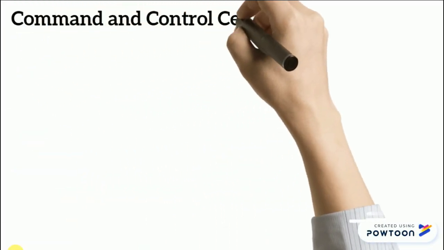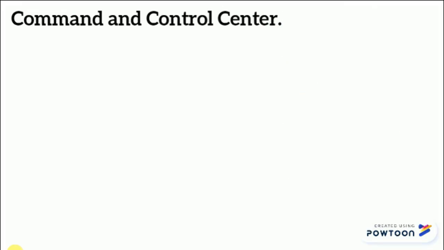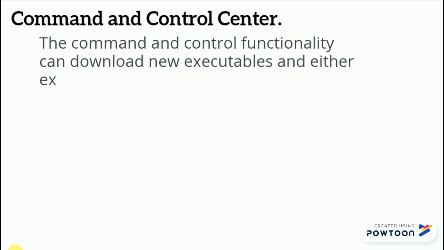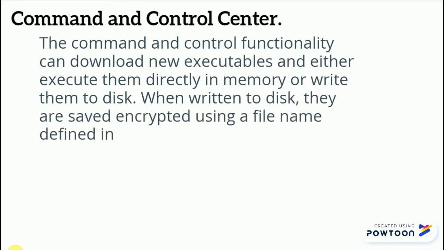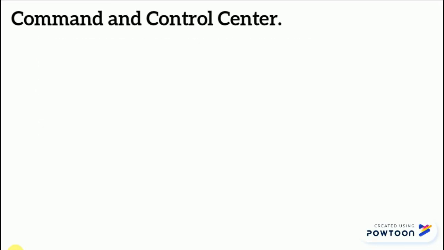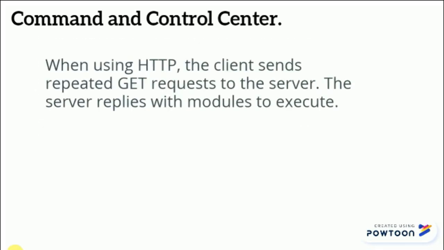Let's discuss the Command and Control Center. The command and control functionality can download new executables and either execute them directly in memory or write them to disk. When written to disk, they are saved encrypted using a file name defined in the configuration data. When using HTTP, the client sends repeated GET requests to the server.